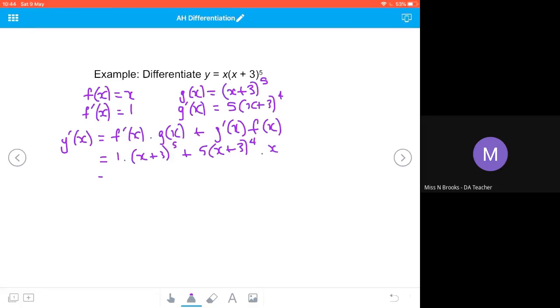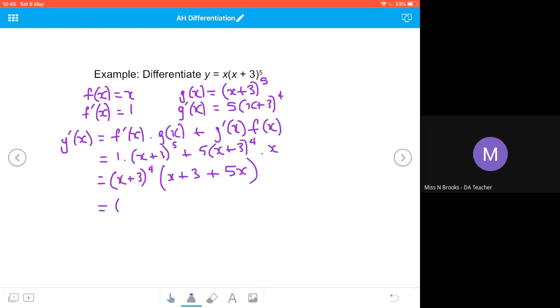Now I need to take out my highest common factor. So my highest common factor is the bracket x plus 3 to the power of 4. So I've got x plus 3 to the power of 4, and so if I take that from my first term, I'm going to be left with an x plus 3 inside my bracket. And if I take it from my second term, I'm going to be left with a 5x inside my bracket.